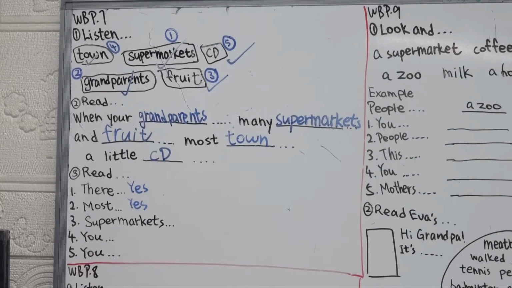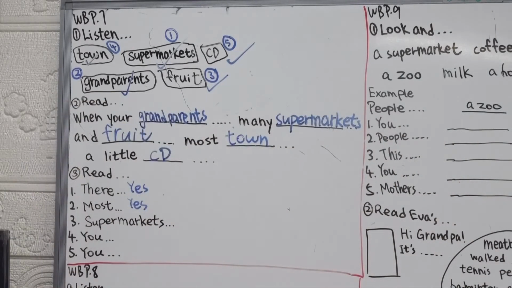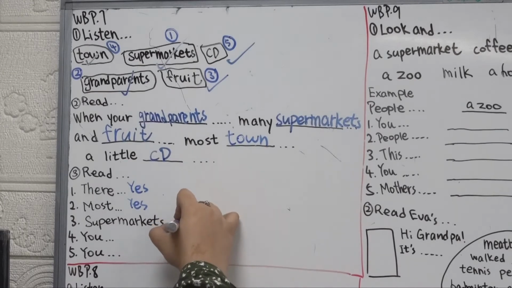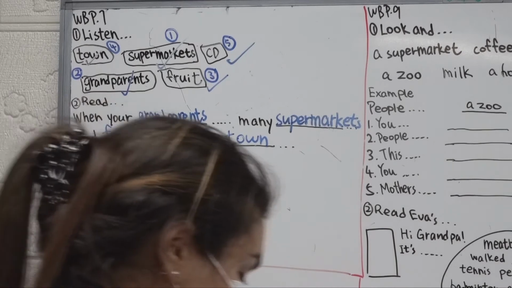So that is true. 3, supermarkets are small shops. Do you think supermarkets are small shops? No, right? They are big shops. They are not small shops. Okay?